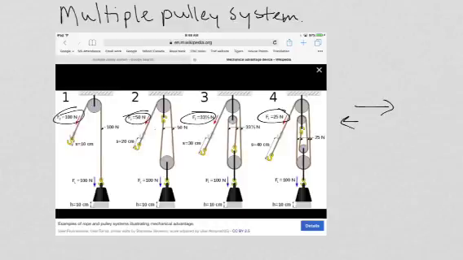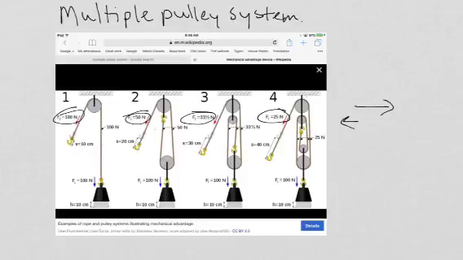Friction will actually add a little bit more effort, so you'll have to overcome friction in order to get the job done. But it's still not as much as it would be otherwise. The multiple pulley system is still super beneficial, even though there's a little bit more friction. So we overcome that friction by putting in a wee bit more effort.